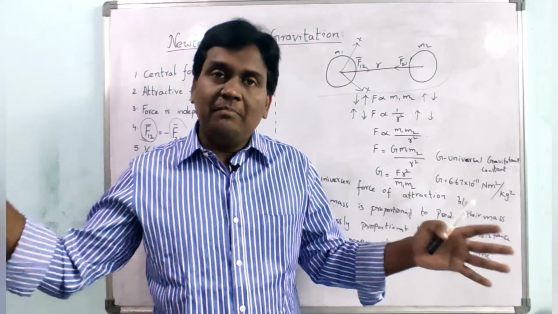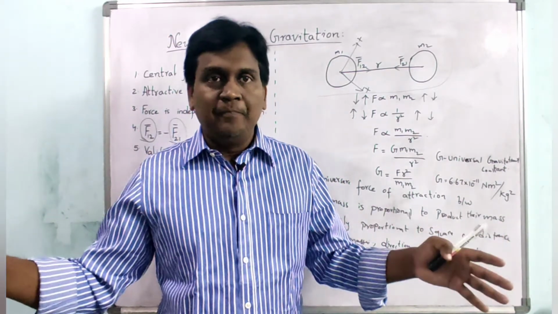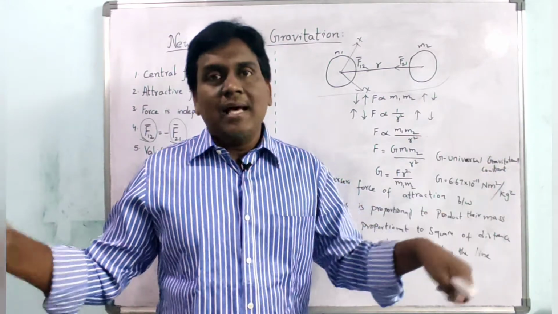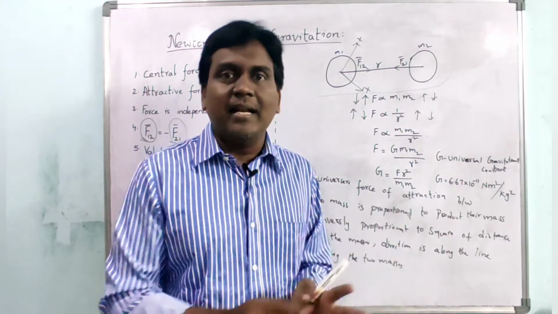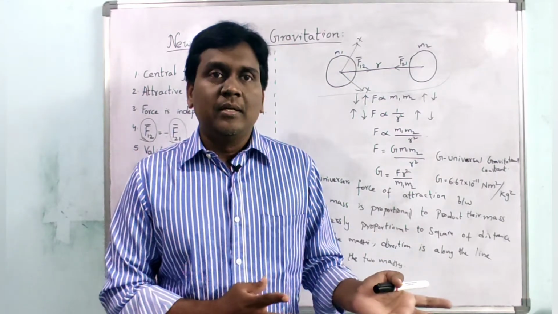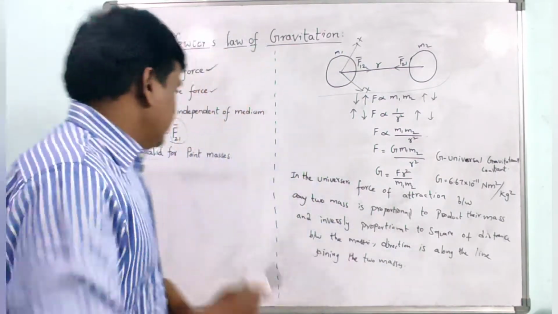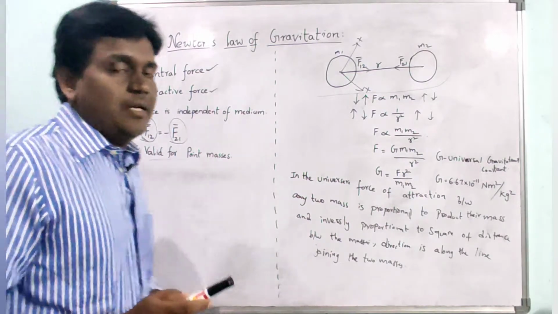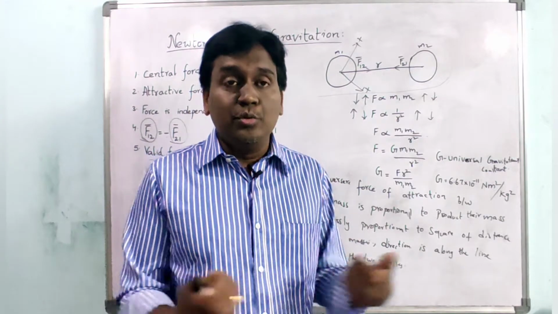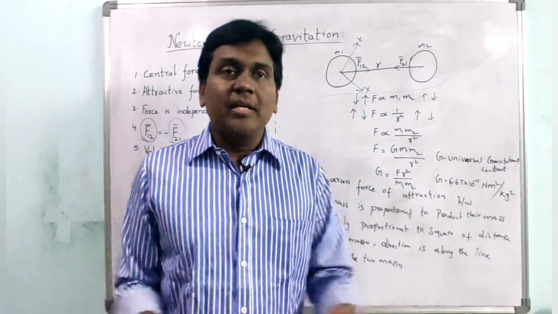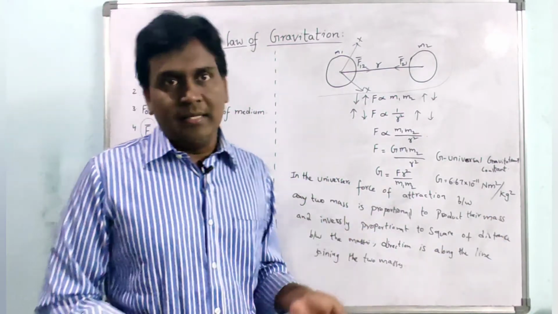So from one planet, the other star, planet or satellite appears as a point mass. So this is valid only for point masses, that is, if the distance is very long.